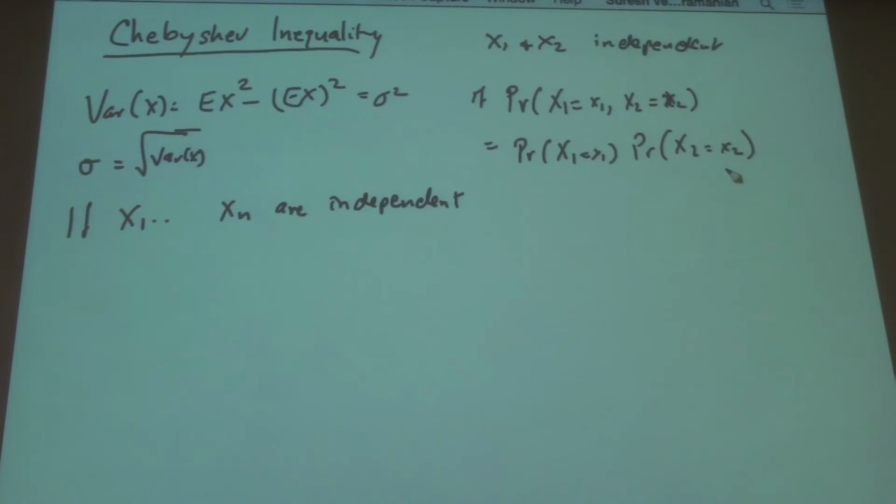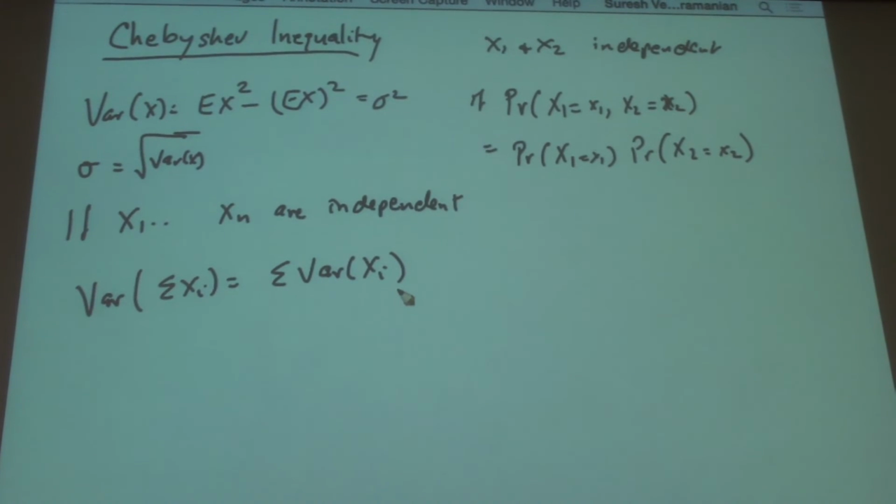Okay? So they don't really affect each other. And so if x1 and x2 are independent, then their variances add. So the sigmas don't add, the variances add.